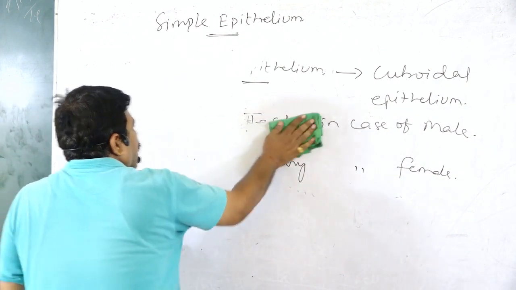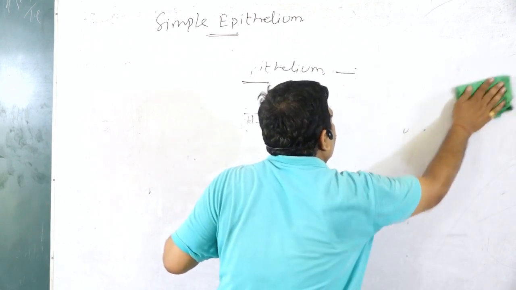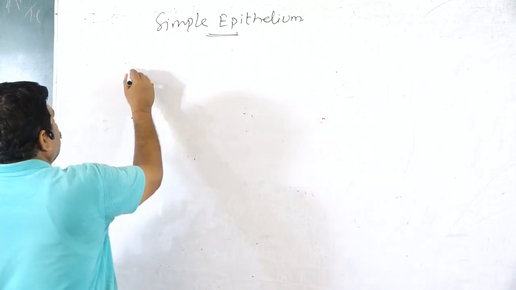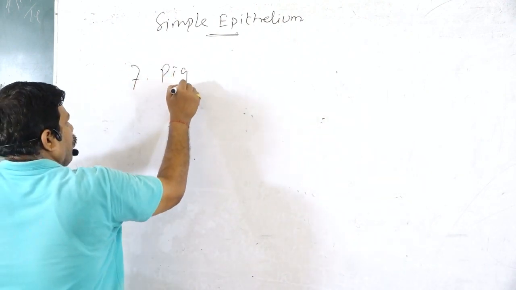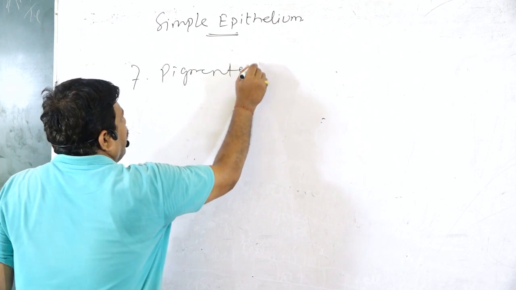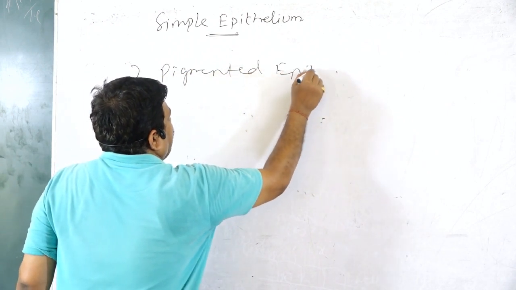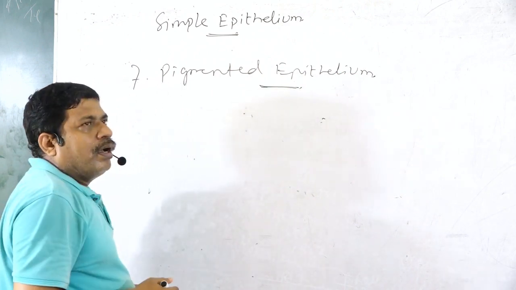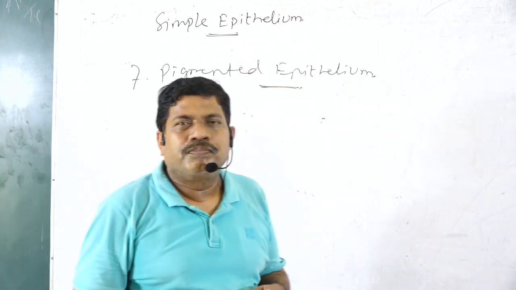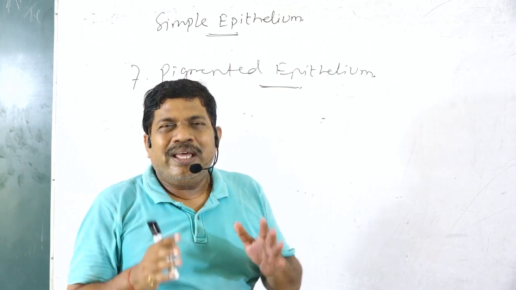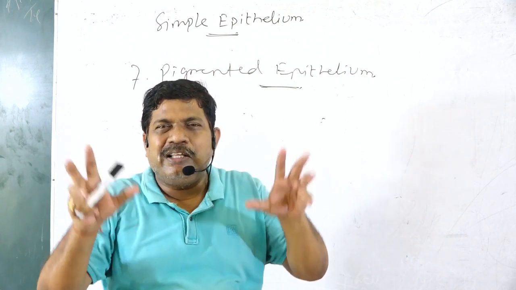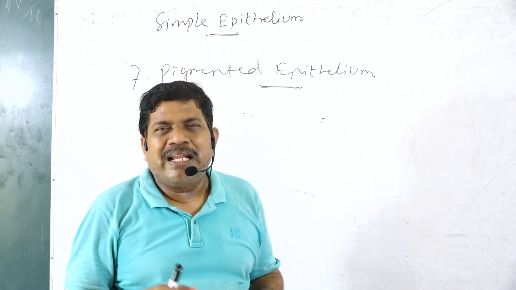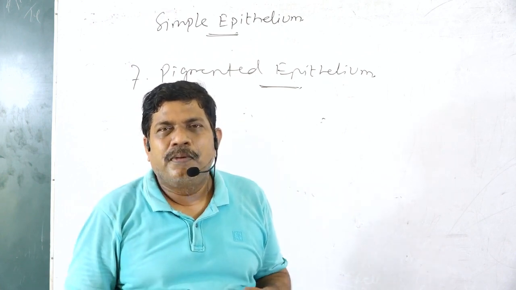Next, pigmented epithelium. We have different pigments in different parts of our body: choroid pigment, melanin pigment, like that.